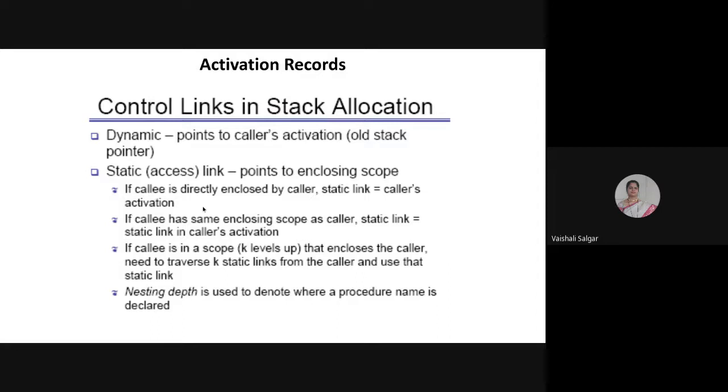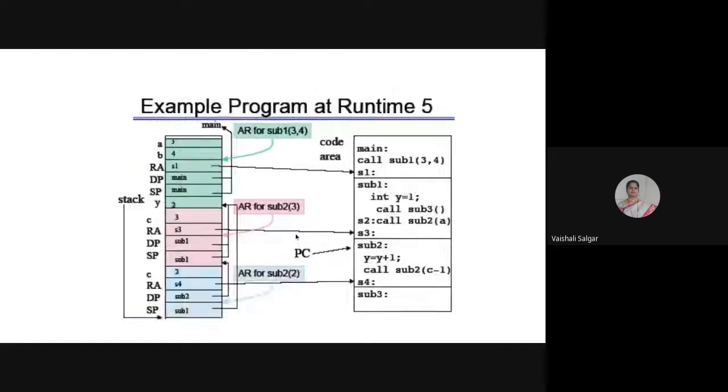Now, if the callee is directly enclosed by a caller, the static link will be the caller's activation. As I mentioned, in Pascal a procedure within a procedure is possible, but that is not possible in C. So if a callee is directly enclosed by a caller, the static link will be the caller's activation.